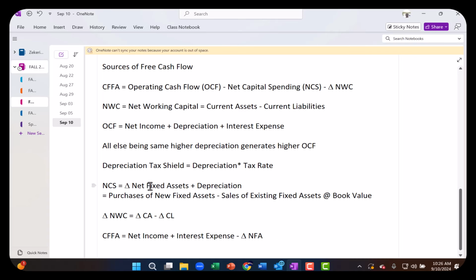I'm going to say NFA. That's another way of looking at the cash flow. Depreciation that you add in operating cash flow cancels out in the NCS. That's why it's not here.